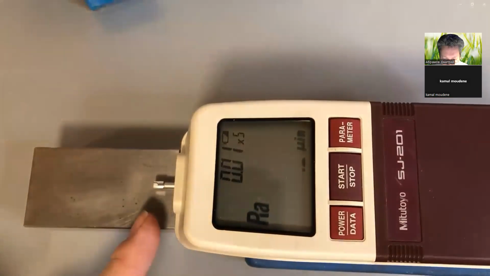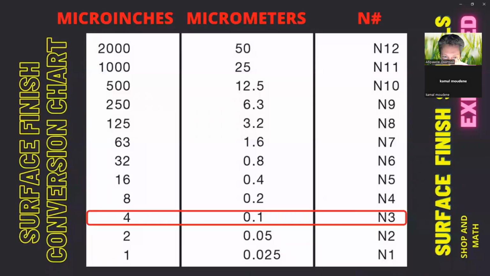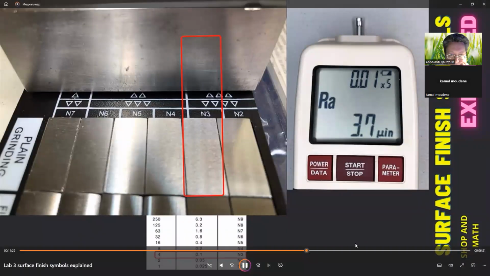You see this guy moving inward, then it's going to move outward. 3.4, 3.7. Let's look at our conversion chart. 3.7 converts over to a roughness grade of 3. And that looks basically what we have, a number 3 roughness grade.